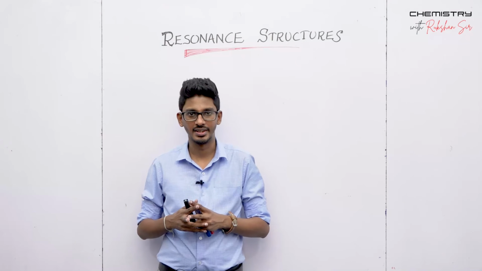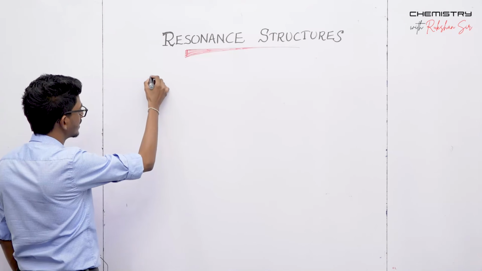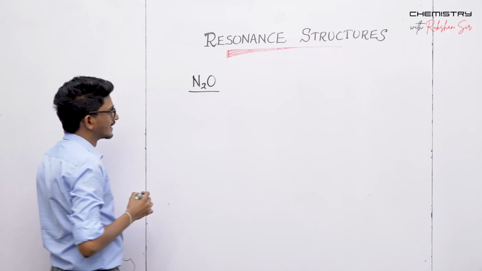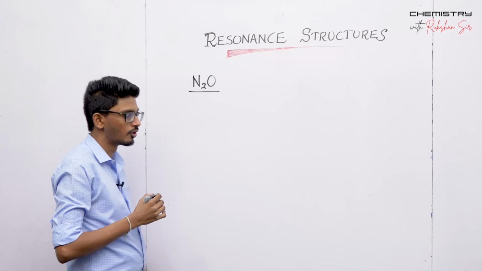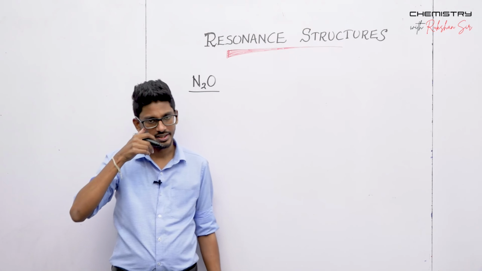With the knowledge we gained last day, let's draw some structures for the N2O molecule. I'll quickly go through the steps we followed last day. Last day with the homework, question number 6 in your tute was about drawing the Lewis structure of N2O.